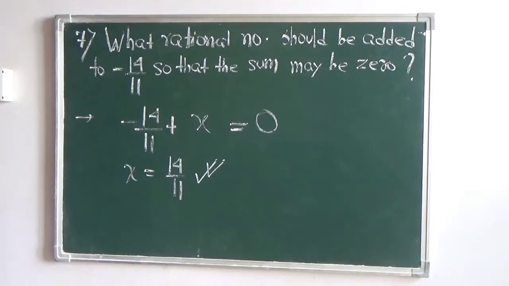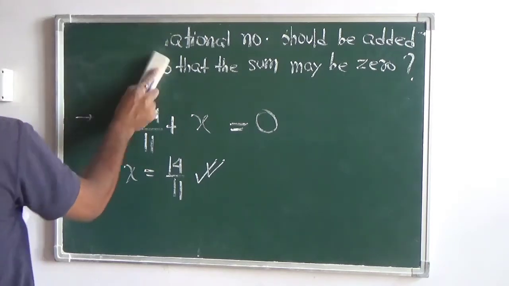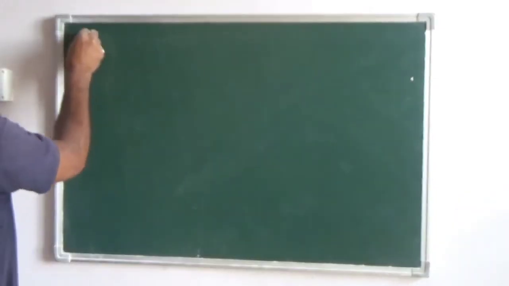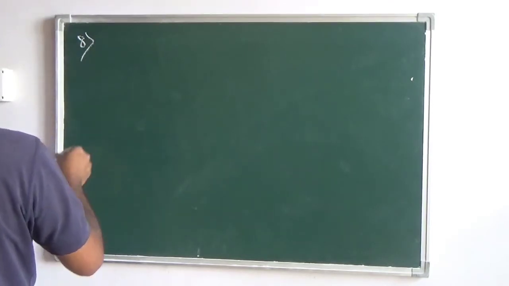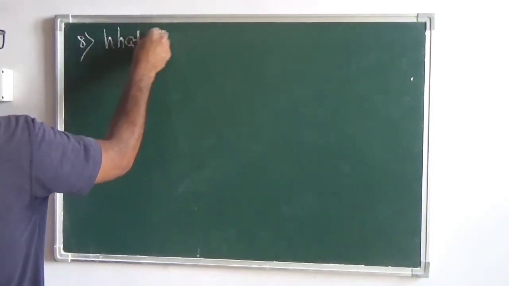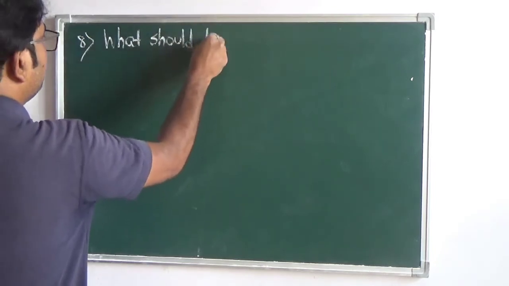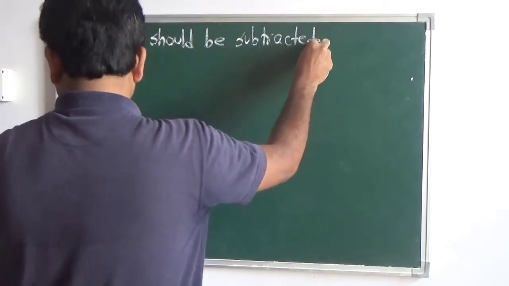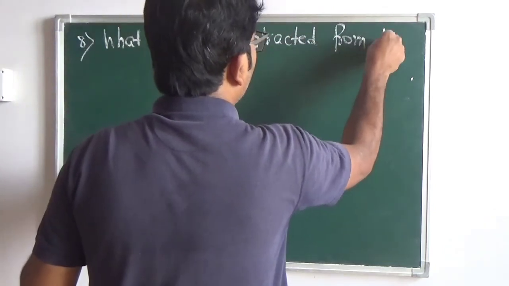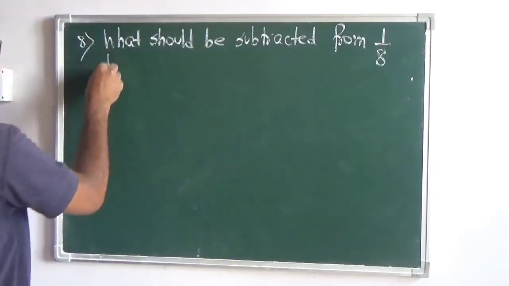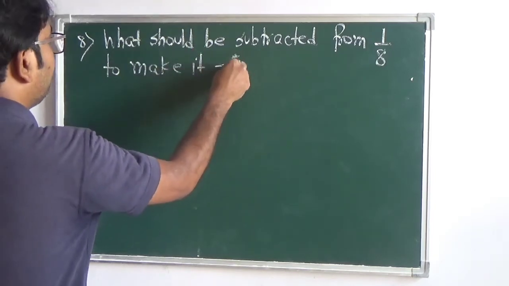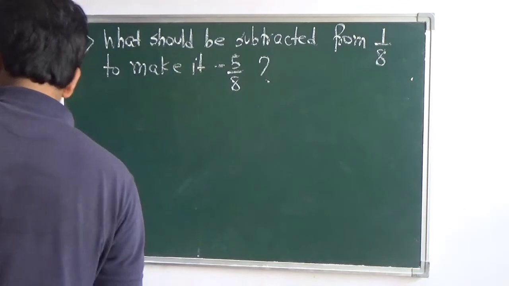So moving on to question number 8. What should be subtracted from 1 by 8 to make it minus 5 by 8?